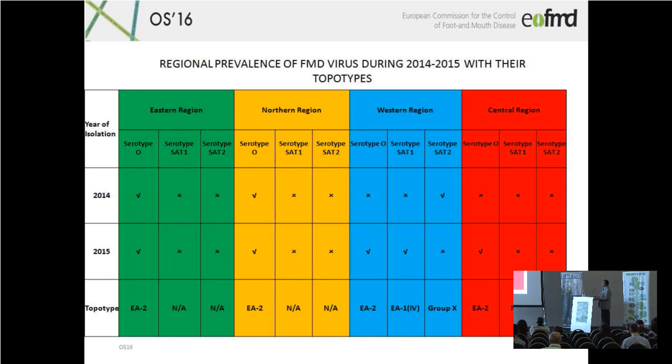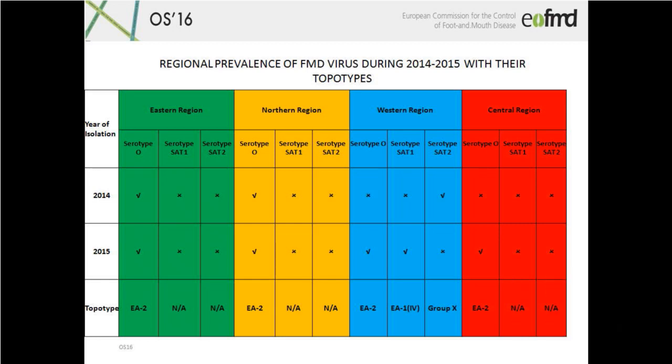In the topology of these viruses, serotype O isolated from all the regions belongs to the East Africa 2 lineage, whereas SAT1 was from East Africa 1 group 4, and SAT2 belongs to the group 10 lineage.